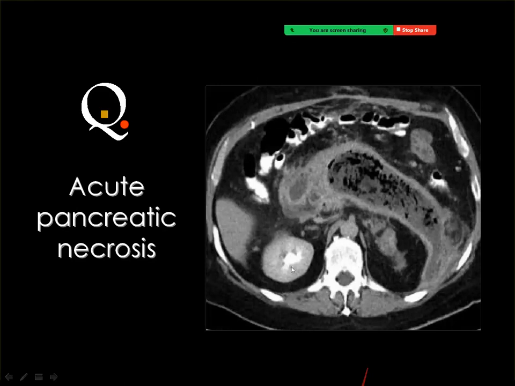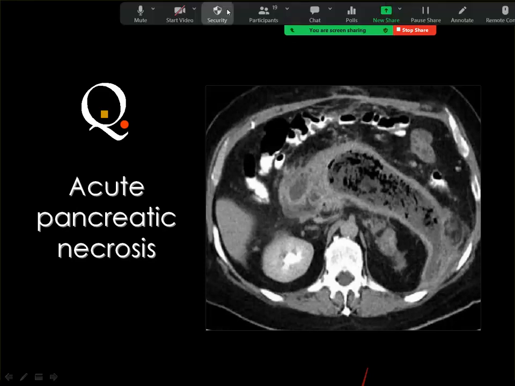Okay, and actually, you see that most of the pancreatic tissue has been replaced by a big mass containing air. This is a diagnosis of either pancreatic abscess or acute pancreatic necrosis.